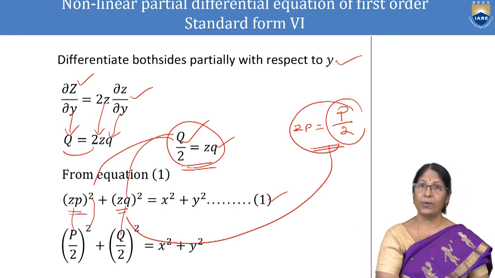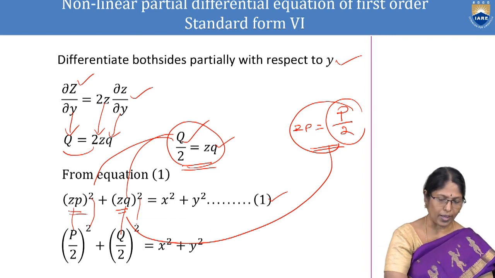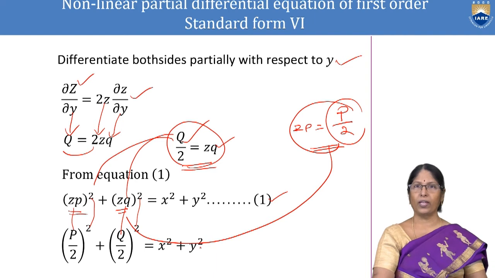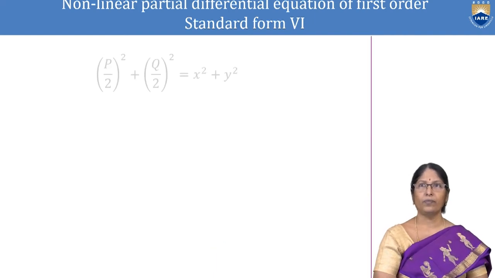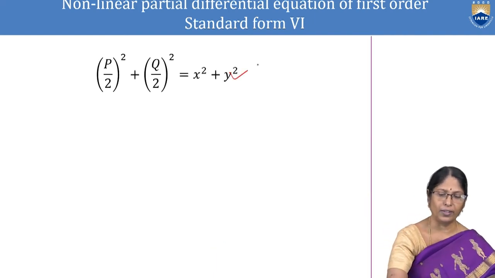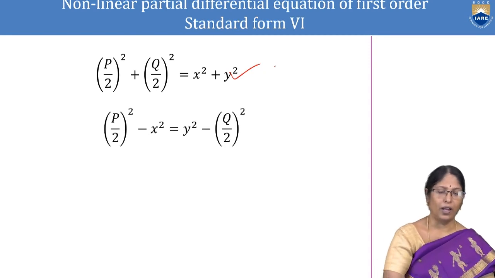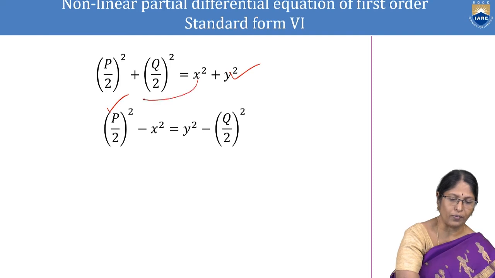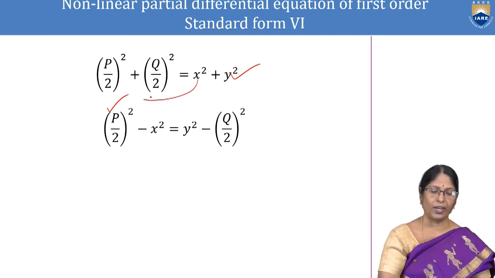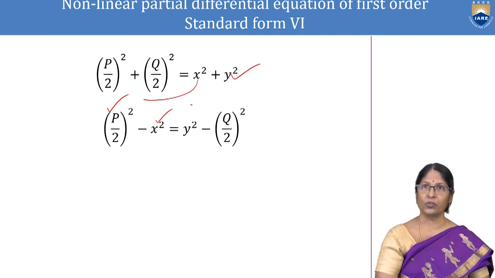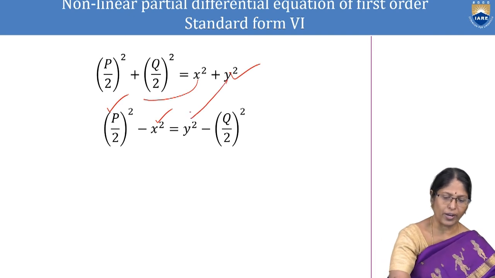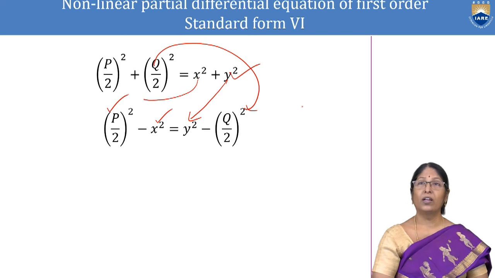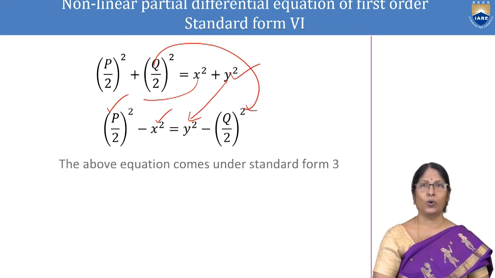Zq, capital Q by 2, the square is retained as it is, equal to x square plus y square. So here it is written. Now this form is there, and this x square we are bringing to the left side, so minus x square. The y square has become, here, minus capital Q by 2 the whole square.